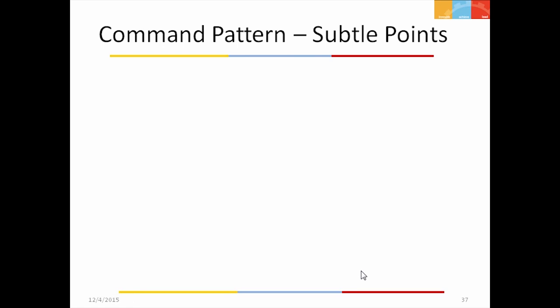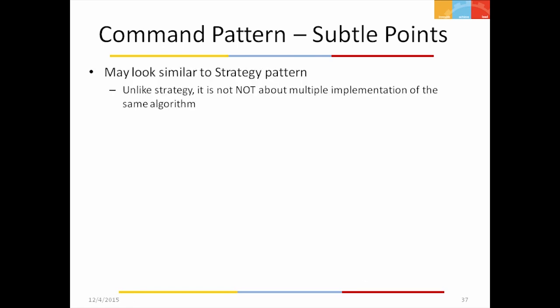Let's look at a few subtle points here. It may look similar to the strategy pattern because even in the strategy pattern, it is wrapping an algorithm or a task. But unlike a strategy, it is not about multiple implementations of the same algorithm. Like buy, you don't have multiple versions of buy.